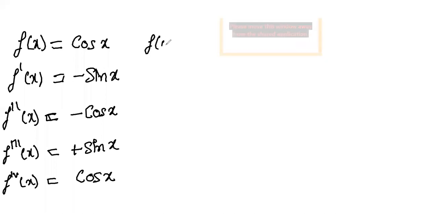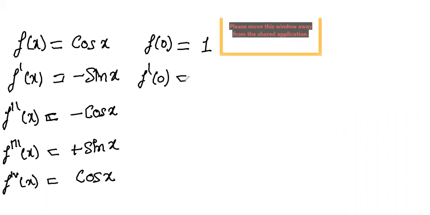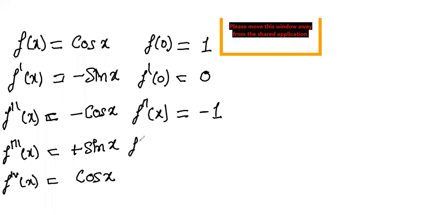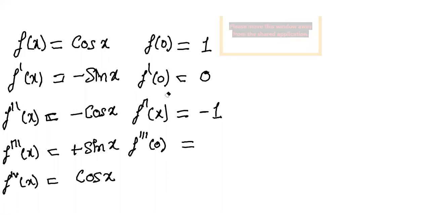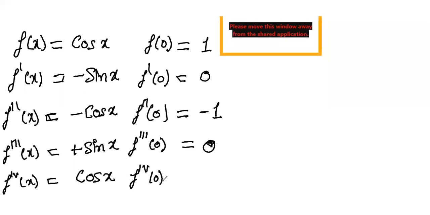Now f of 0 is 1, f dash 0 is 0, f double dash 0 is minus cos 0, which is minus 1, f triple dash 0 is 0, then the 4 times differentiation at x equal to 0 is again 1.